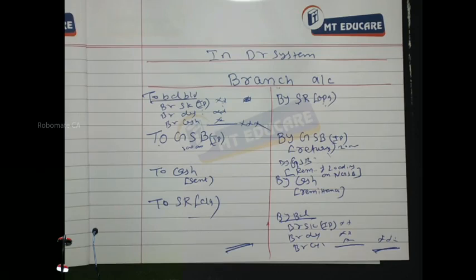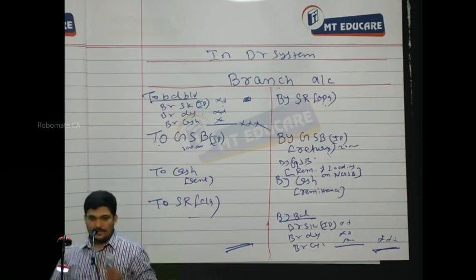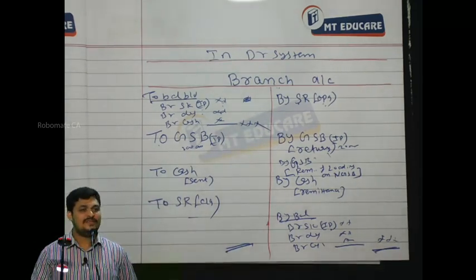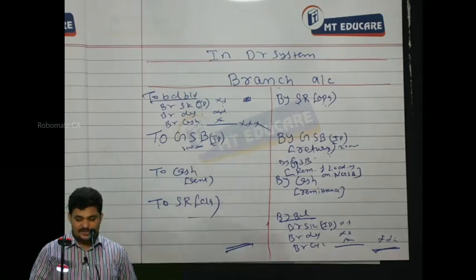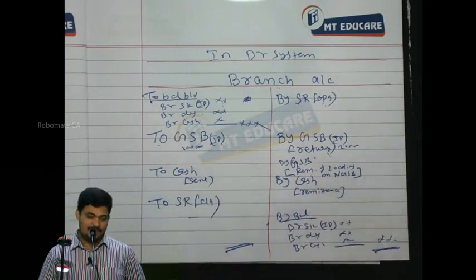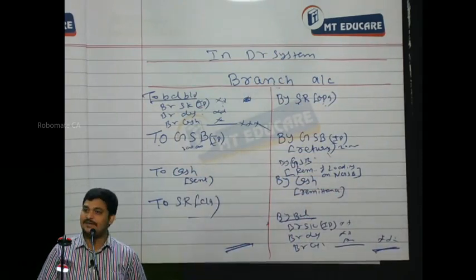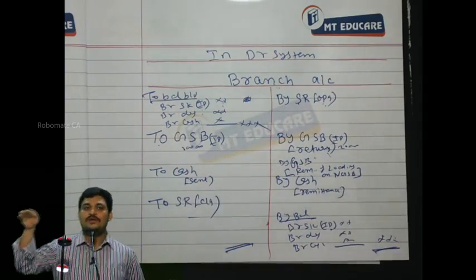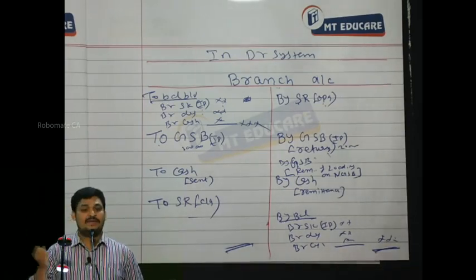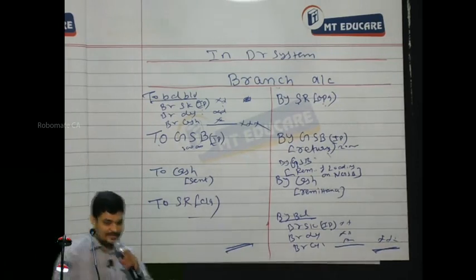Understood? So it is branch account in debtors system. Branch account will be solved in a 7-step approach. What is that 7-step approach, friends? It is opening balance, closing balance. Everybody. Now to learn in a matching way, we can also learn it rhythmically. Now listen carefully.